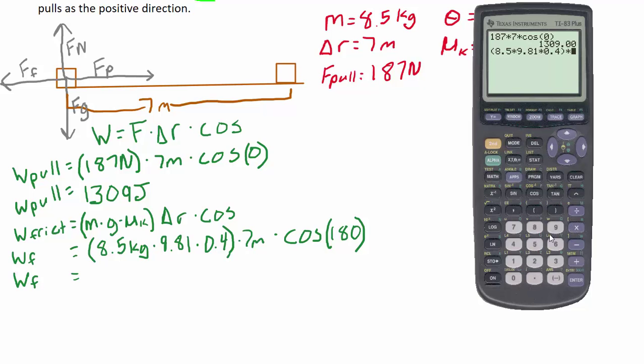And then we multiply all that by the 7 meters that it changed in distance, and then times the cosine of 180. And that gives us a number of negative 233.48.